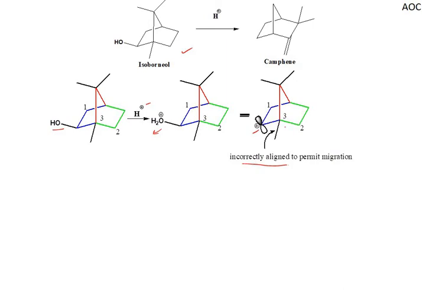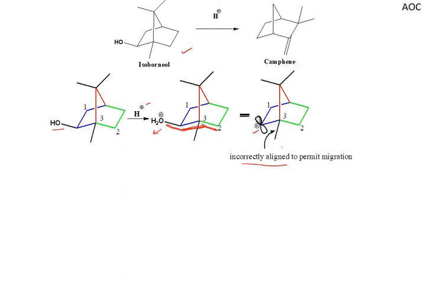Instead, what happens, as I told you in my previous video on Pinacol-Pinacolone rearrangement, is that whenever the migration occurs, if this particular bond and this particular bond are in an anti-periplanar alignment, remember, the migration will occur.